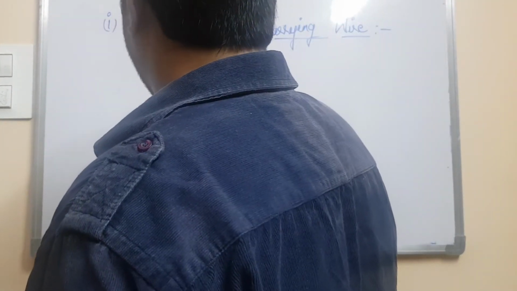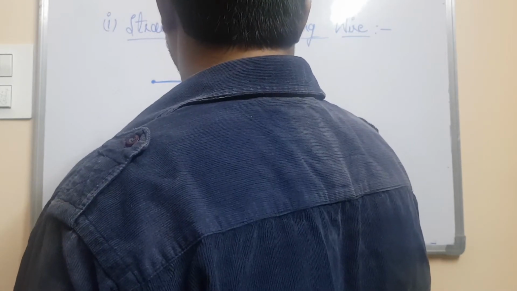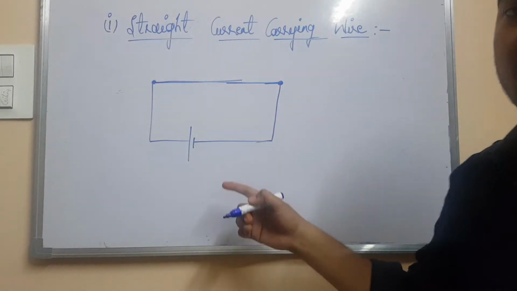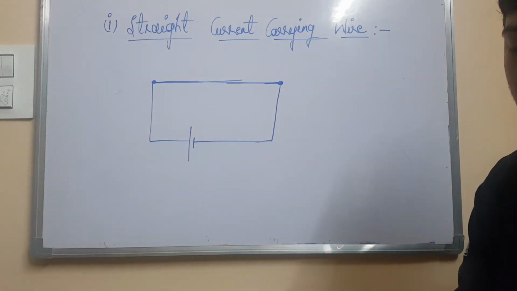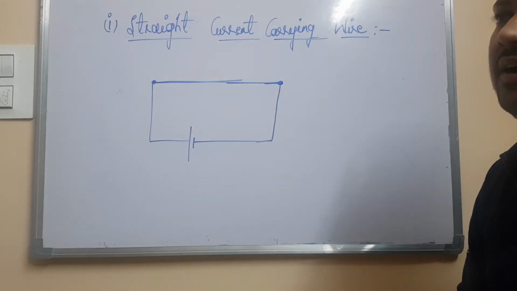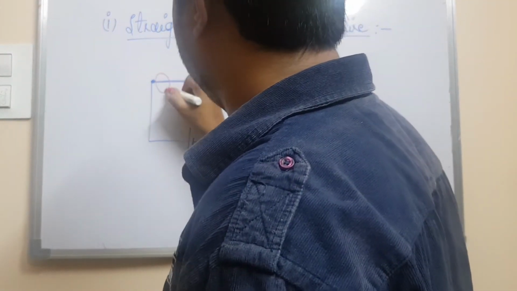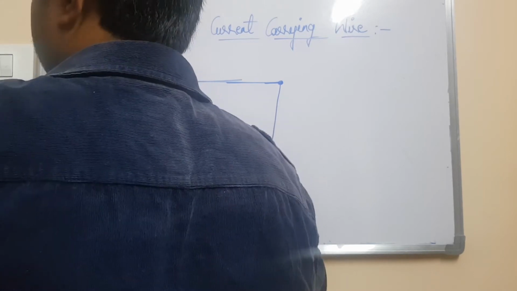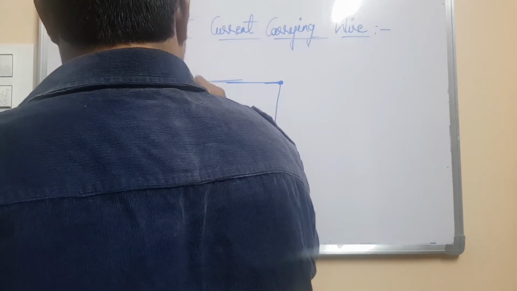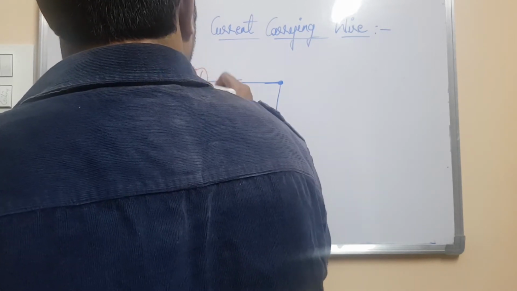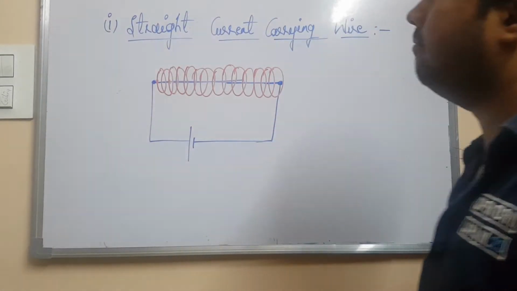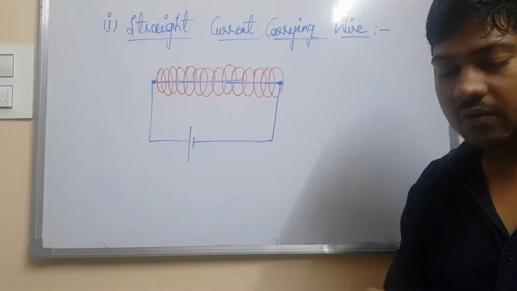For example, if we take a straight wire and pass current in it, the magnetic field will be around the wire in the form of circular rings.